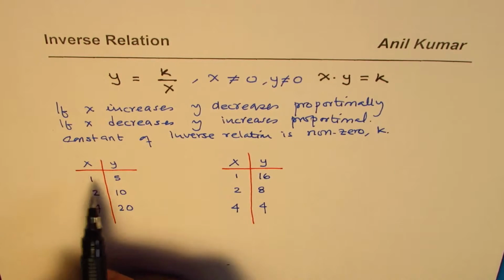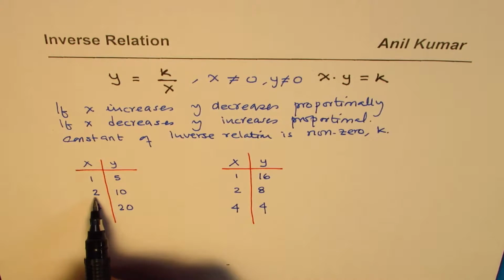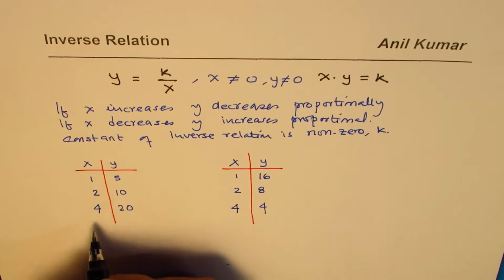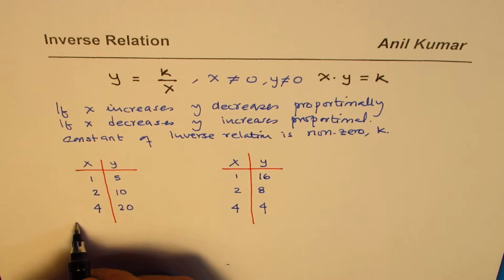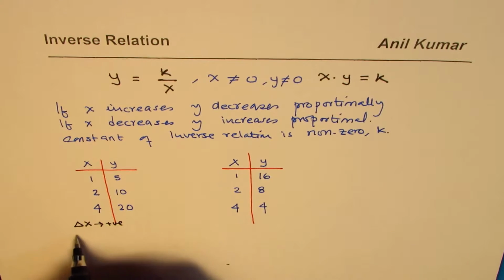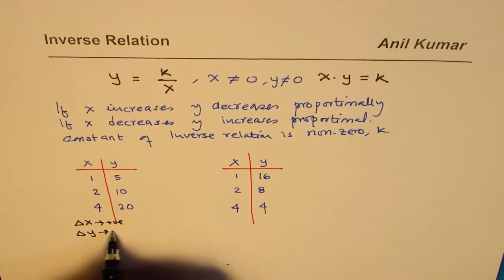You need to figure out what kind of relation they represent. So the first one here is, if x is 1, y is 5. If x is 2, y is 10. So what we see in this case is both are increasing, right? If the change in x is positive, it means increasing, then the change in y is also positive, right?